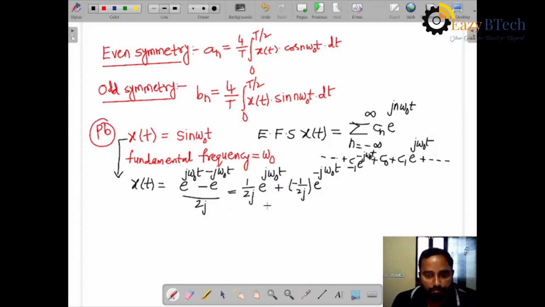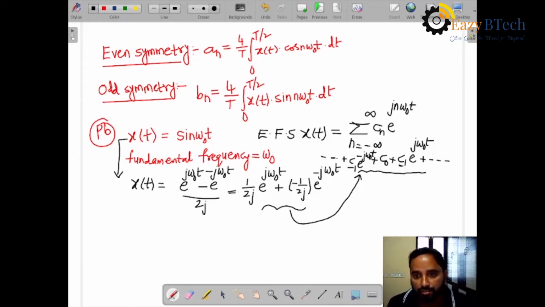Now what we have is 1 by 2j e power j omega naught t plus minus 1 by 2j e power minus j omega naught t. By comparing with the exponential Fourier series, we get the answer, nothing else. Comparing the coefficient of e power j omega naught t, we have c1, which is 1 by 2j.